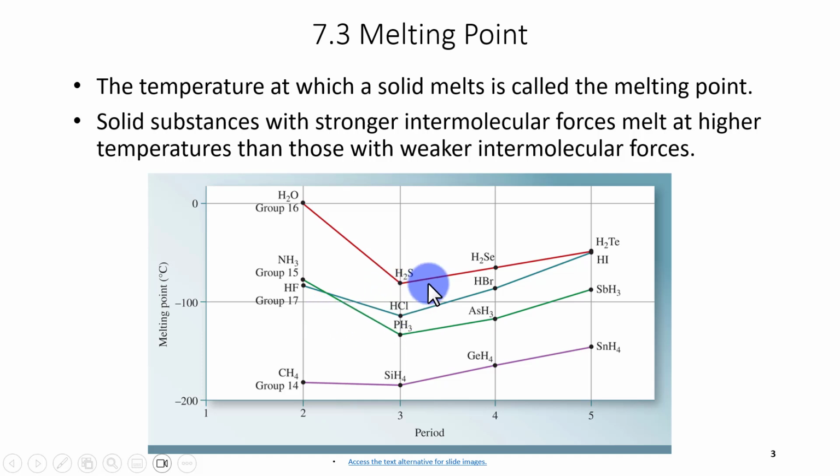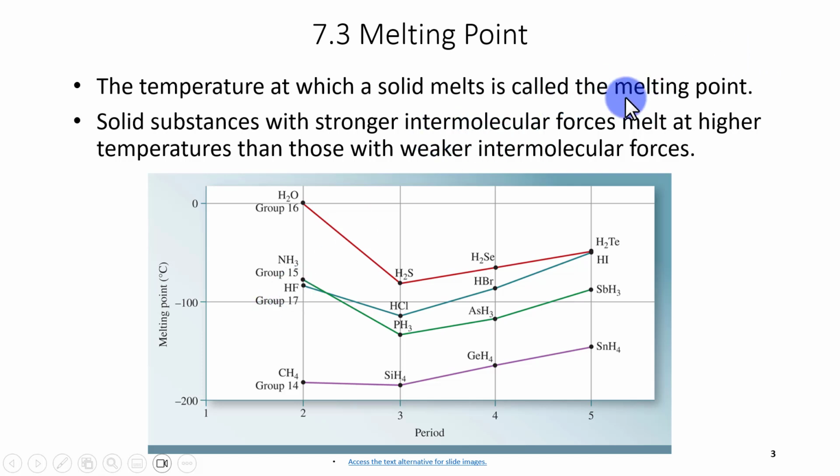We know that even though these molecules are polar, so they have higher melting points than these because they have dipole-dipole interactions on top of dispersion forces, these three molecules here, H2O, NH3, and HF, have hydrogen bonding on top of dipole-dipole interactions.